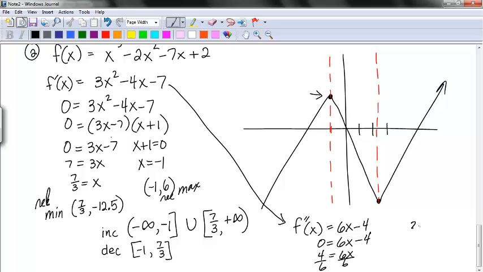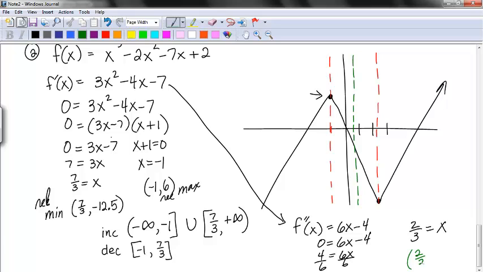Get 2/3 equals x. Take another color. So right about at x equals 2/3, do another vertical line. That separates the graph into two parts, from negative infinity to 2/3 and 2/3 to positive infinity.